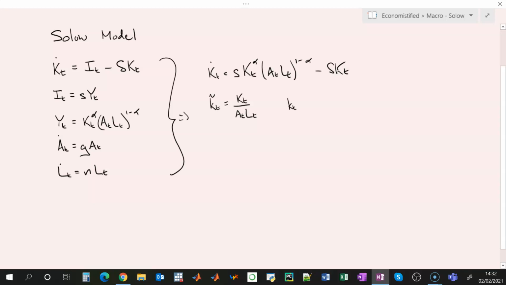Now, k tilde, using the product rule or the quotient rule, is going to be as follows.